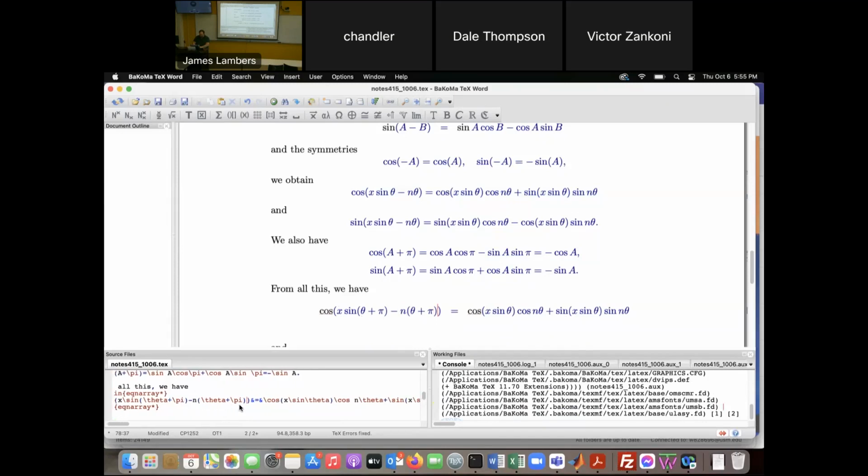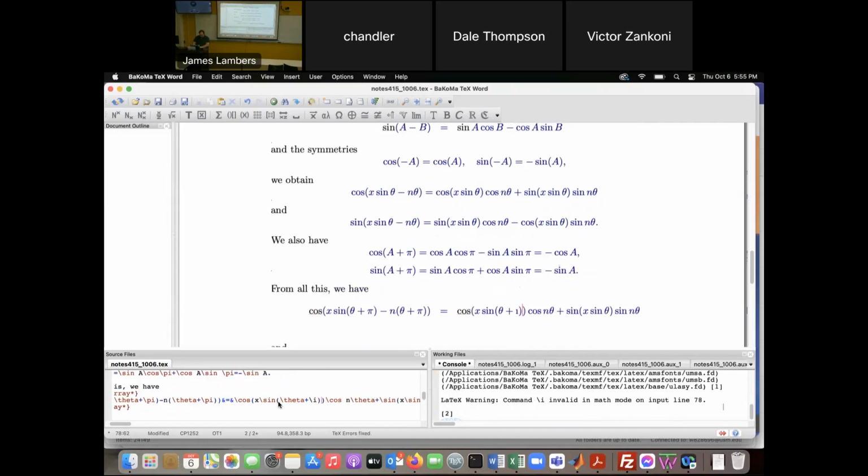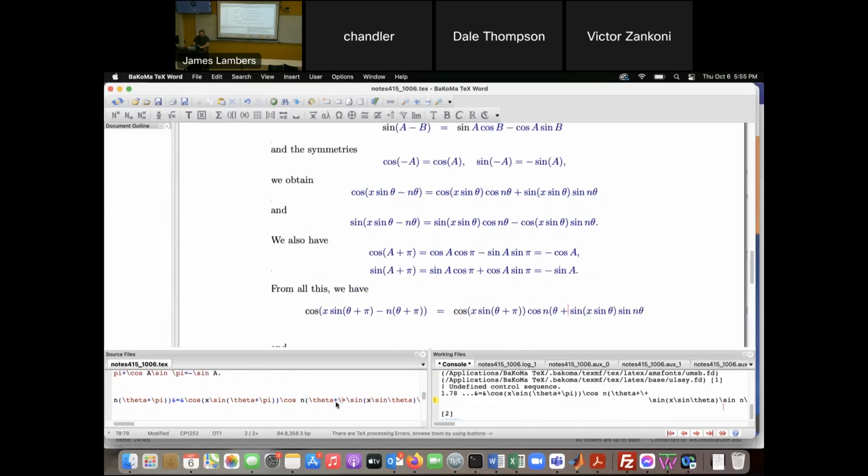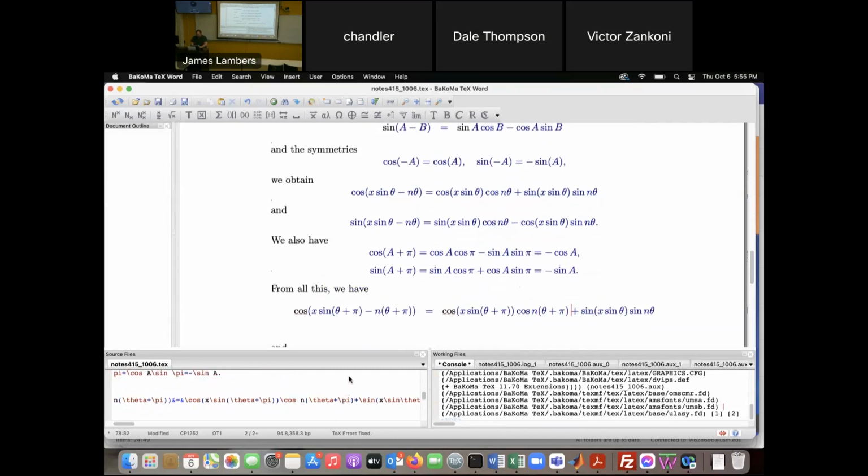So then I have to replace theta by theta plus pi throughout on the other side. I still run out of room. Oh, that's what I did. Okay, it's because they were open.